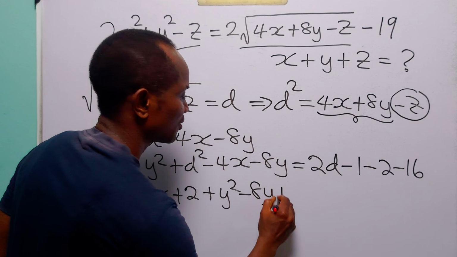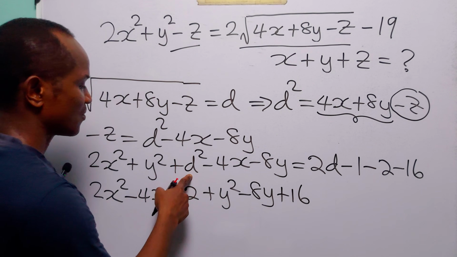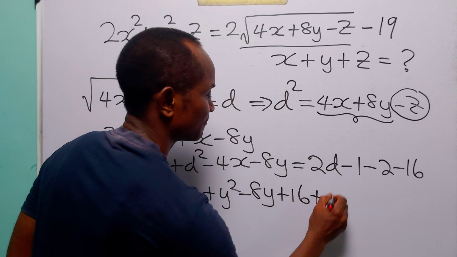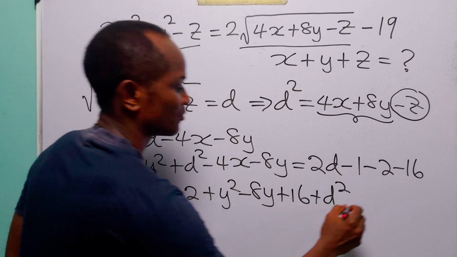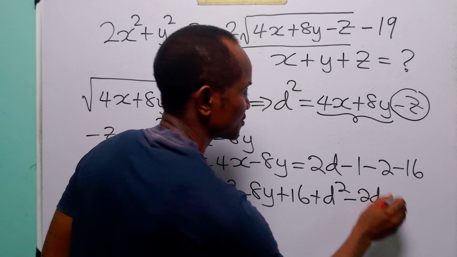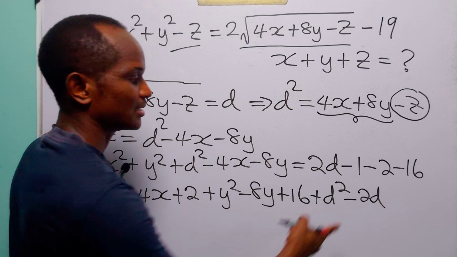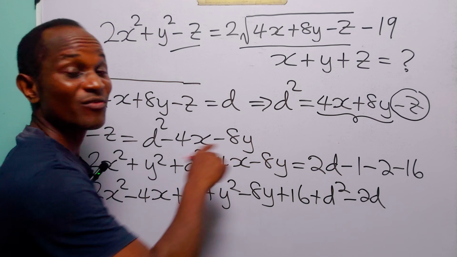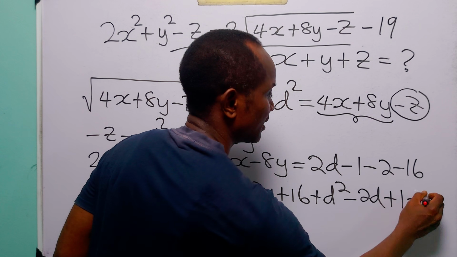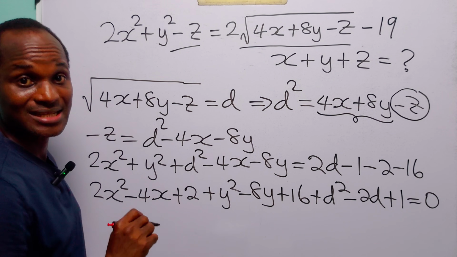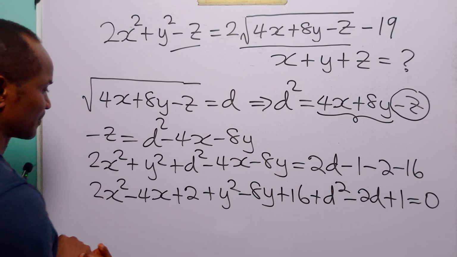When we do that, it becomes plus 16. We have d squared. Let us move 2d over to the left-hand side. When we do that, it becomes minus 2d. And finally, let us move minus 1 over to the left-hand side. When we do that, it becomes plus 1. And now, on the right-hand side, we have 0.